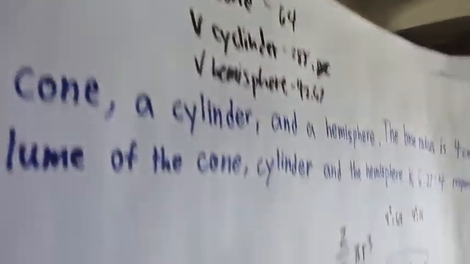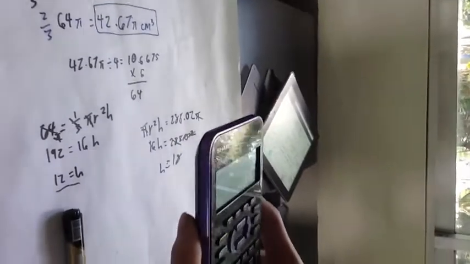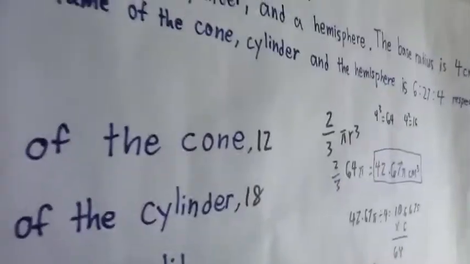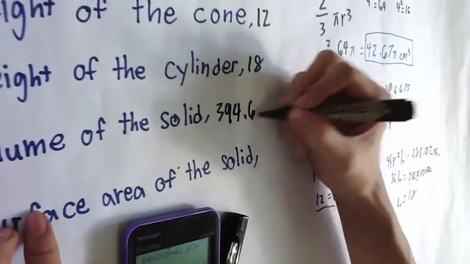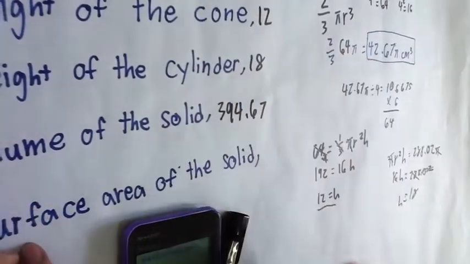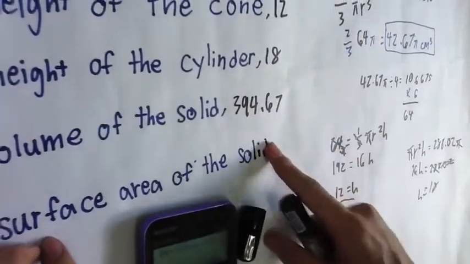So that's 64 plus 288 plus 42.67. The total volume of the whole thing is 394.67. That is the answer for letter C.